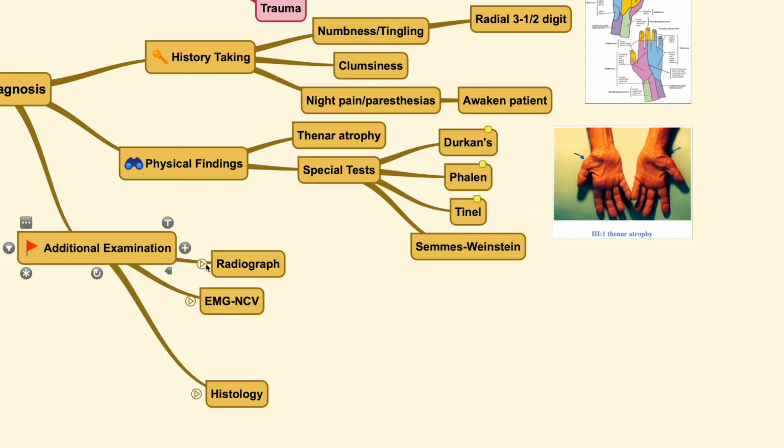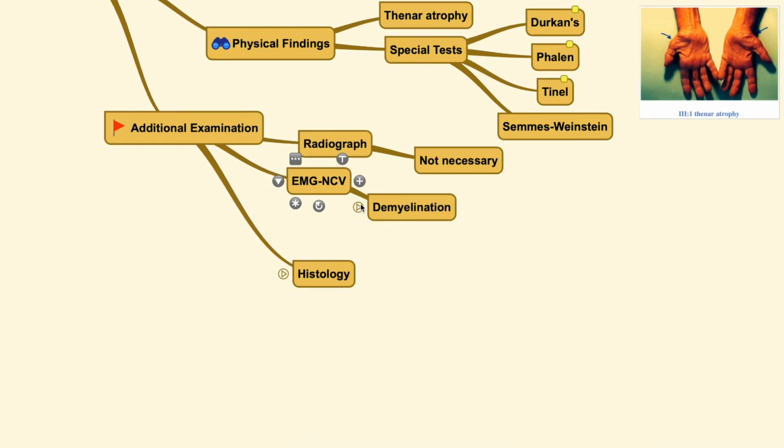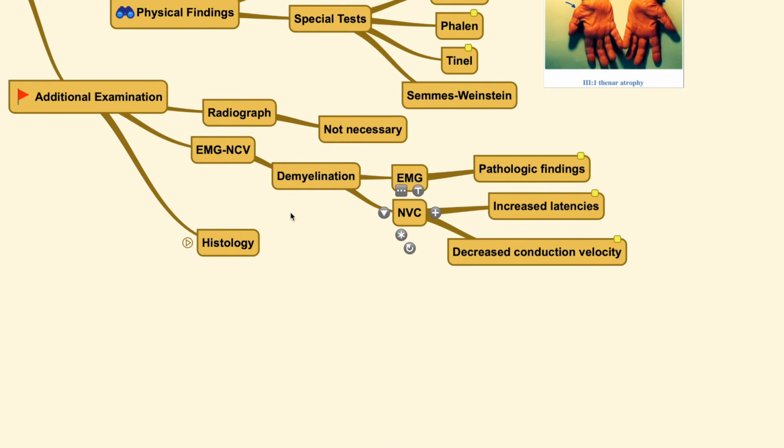For additional examination, as mentioned before, radiograph is sometimes not necessary, but it is sometimes also important because some types of carpal fracture can indeed induce acute carpal tunnel syndrome. The signs that you may find in EMG NCV include EMG pathological findings such as increased insertional activities.